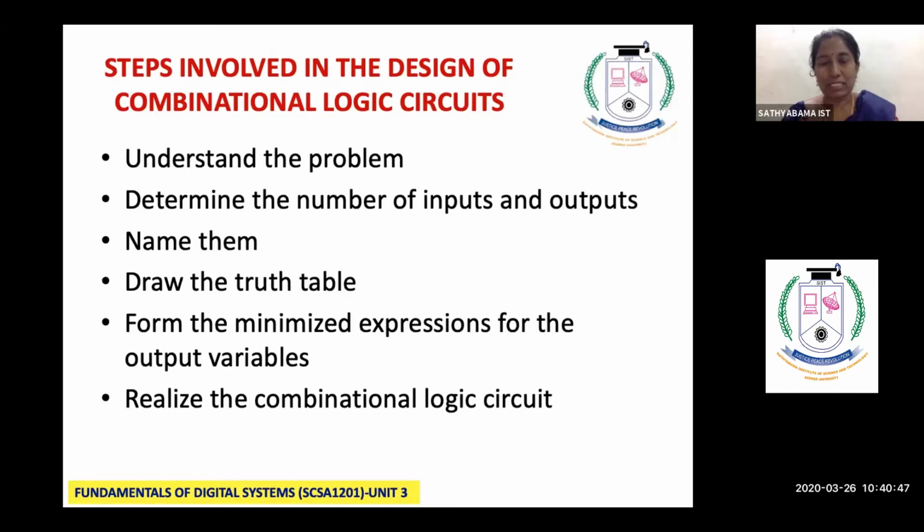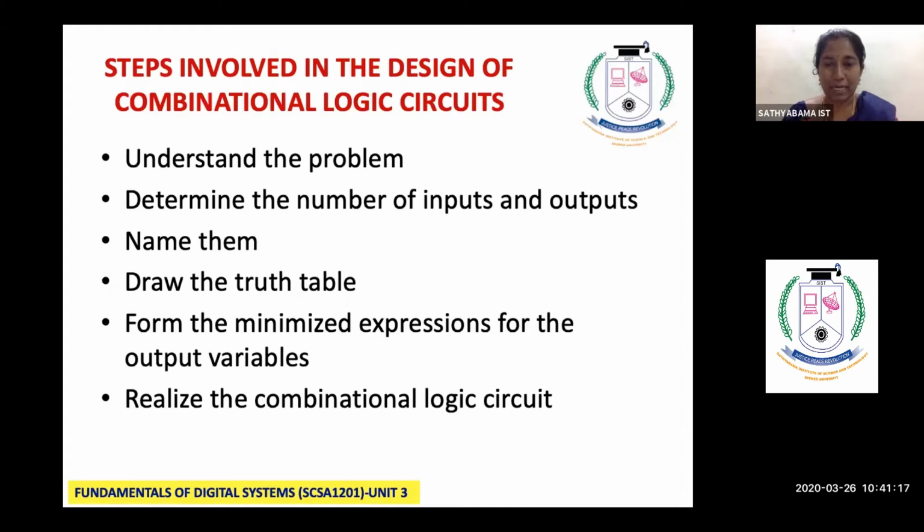Then we have to determine the number of inputs and outputs. Then the third step is all about naming them. Then the fourth step is we have to draw a truth table. And then we have to form the minimized expressions for the output variables, and we have to realize a combinational logic circuit. So I repeat, whatever question they give, we have to understand it.